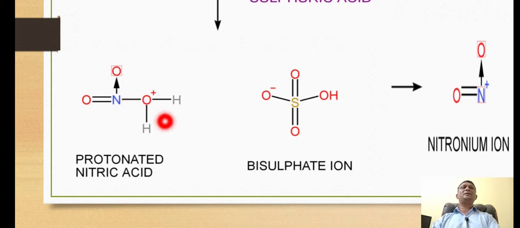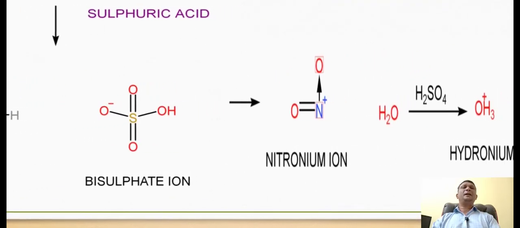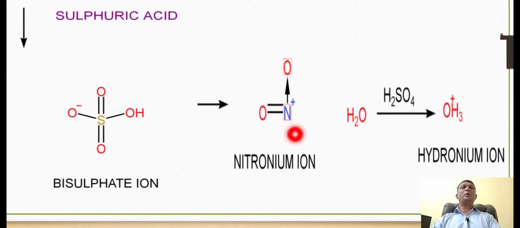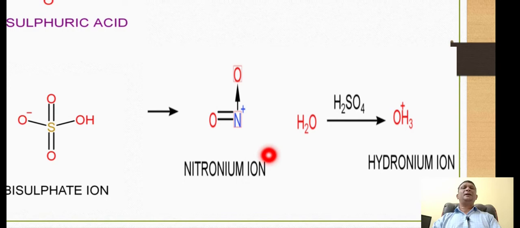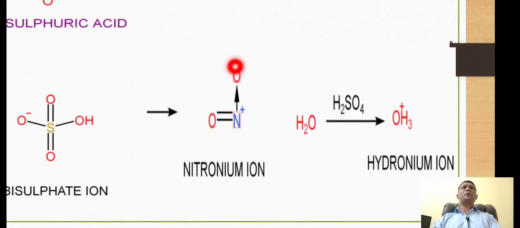So nitrogen becomes electron deficient because it is surrounded in this species by only 6 electrons, 2 electrons of this coordinate bond and 4 electrons of this double bond. So the nitrogen of the nitronium ion is deficient in a pair of electrons, so it behaves as the electrophile.